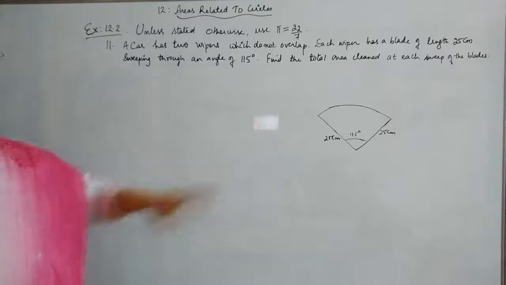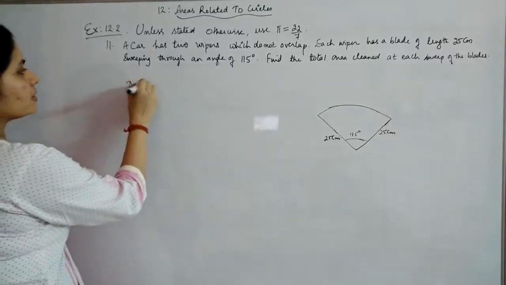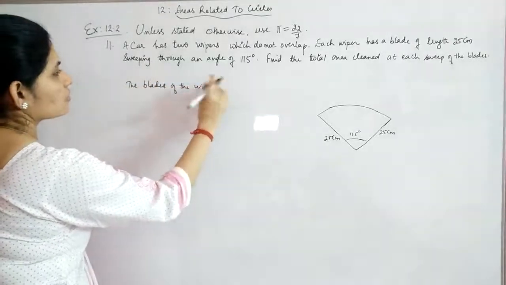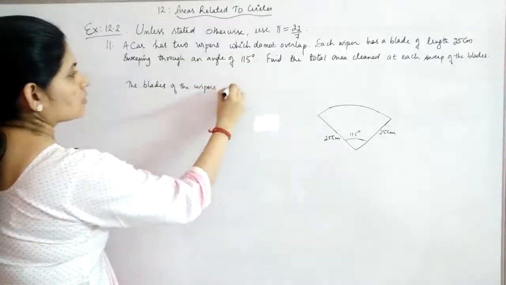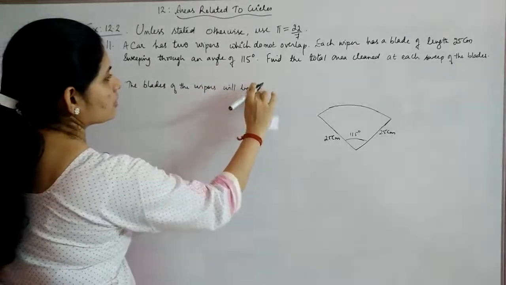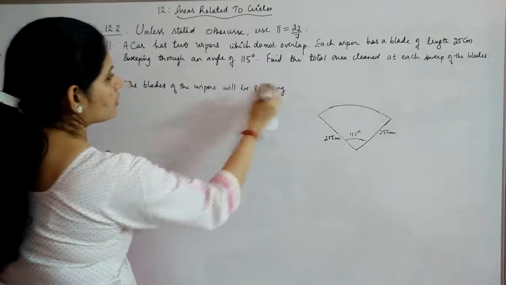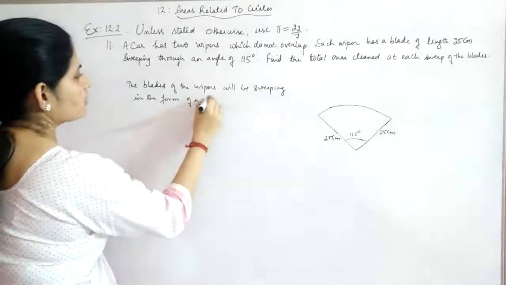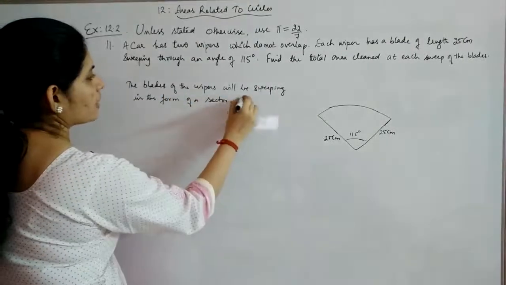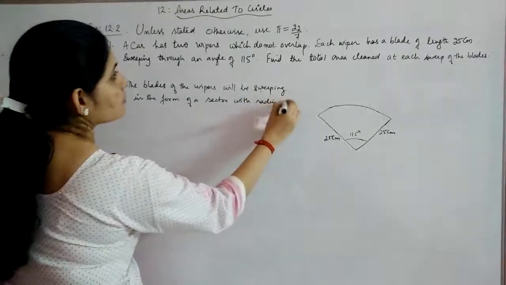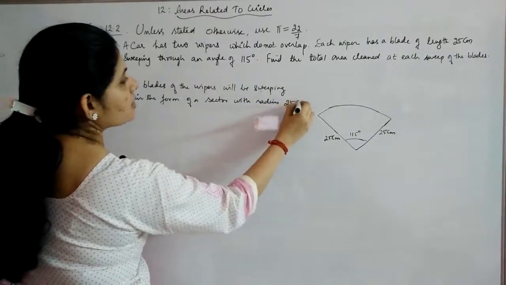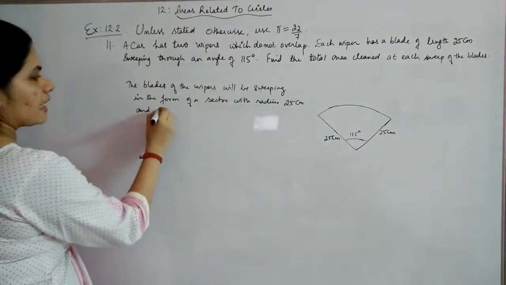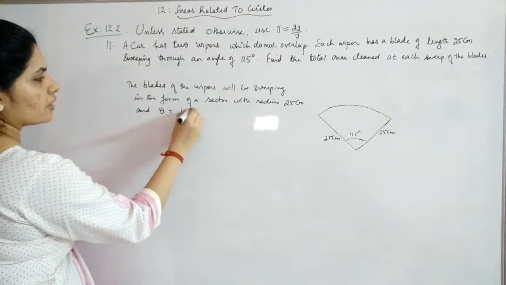So this will be regarded as a figure, and you can say that the blades of the wipers will be sweeping in the form of sector, with radius, how much is given? 25 centimeters. So that length of the blade will be acting as radius, and central angle theta is equal to 115 degree.